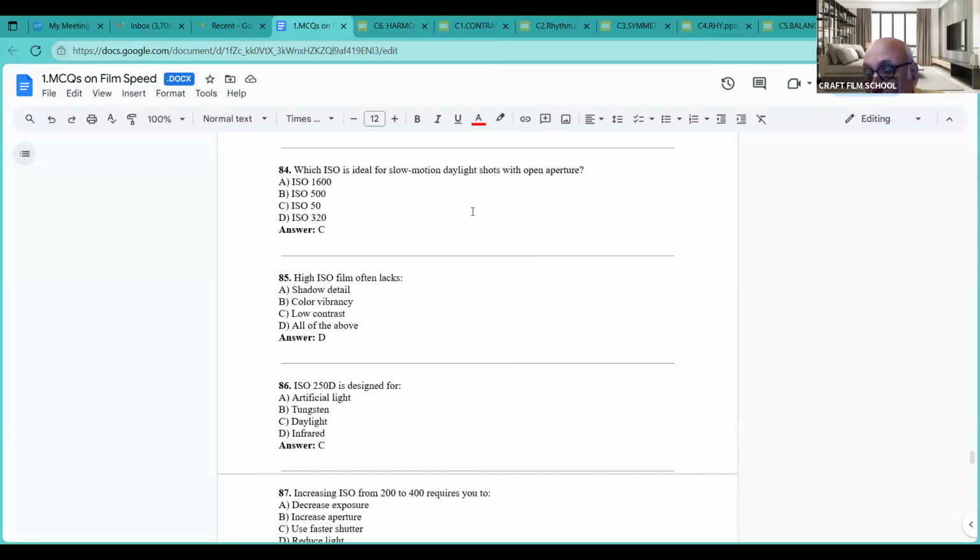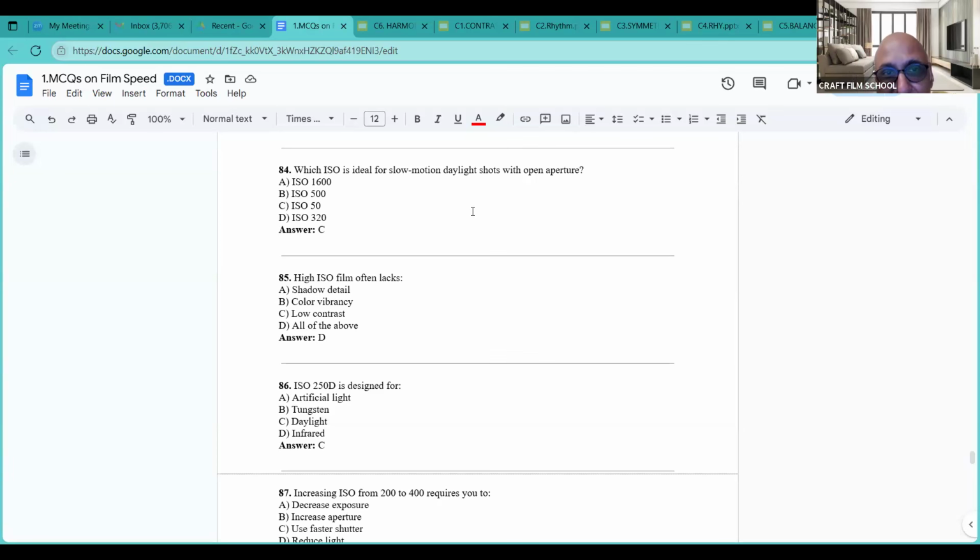So what you're going to do, when you switch these frames per second, you open up the aperture. Correct? But instead of 100 ASA, here the answer is C, 50 ASA. Why is it saying 50 ASA? You need to understand the reason.